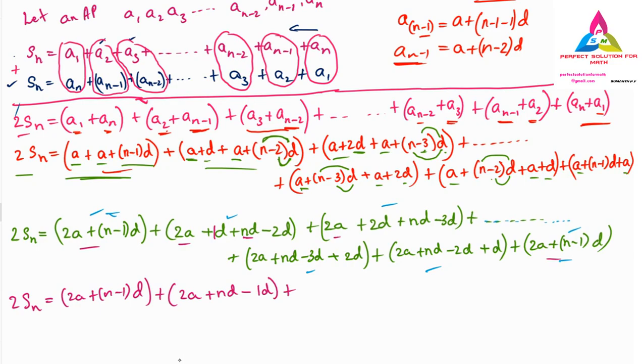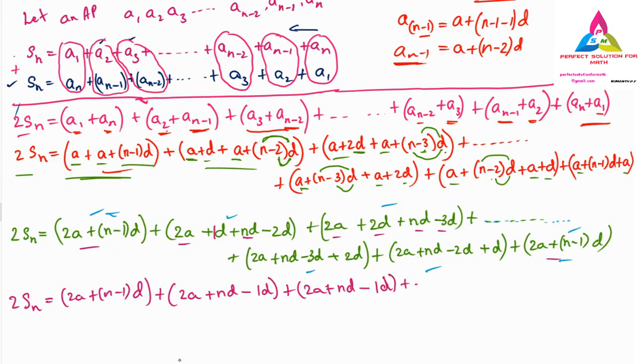Plus, next also 2a, next we have nd, so plus nd, we will keep it as it is, minus 3d, then we have plus 2d. So the greatest number is 3, having a negative sign, minus only. 3d and 2d we have, so we will get 1d.